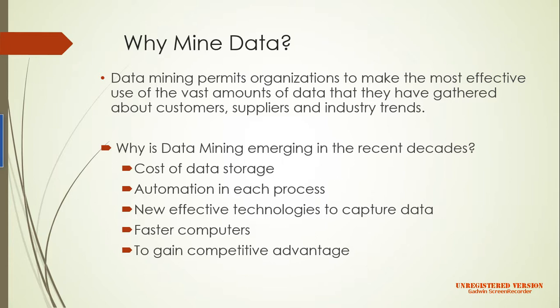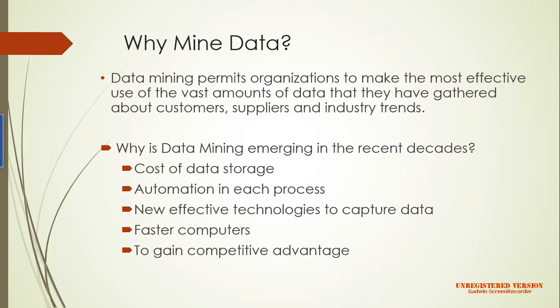Automation in each process. Now, wherever you go, there are automatic processes that collect information and store it in background processes, and there are new technologies to capture data. Faster computing has also been developed so that systems can process 1 TB, 2 TBs of data at a time.